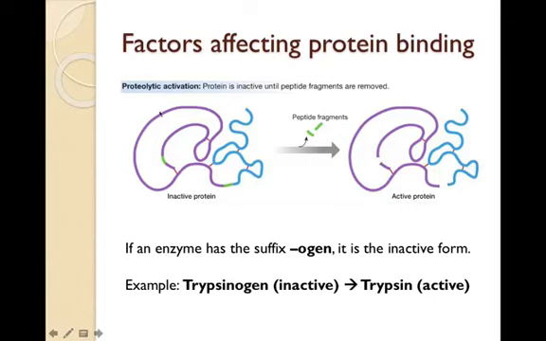And so this thing called proteolytic activation is that a protein is inactive until certain components of that protein are removed. This is very true for enzymes. Specifically, one of the enzymes that is important to remain inactive until it's in the right location is a protein enzyme called trypsinogen.